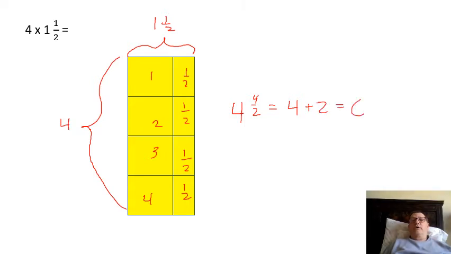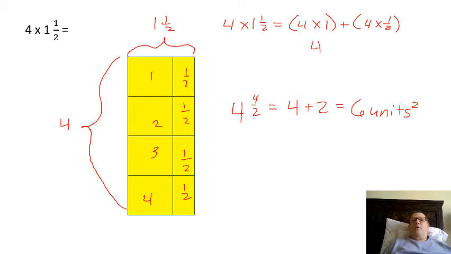So it equals a total of 6 units squared. Now, let's use the distributive property again. So we have 4 times 1 1/2, which when we distribute it, we go 4 times 1, and then we're going to add that to 4 times 1/2, which is going to give us 4 plus 4/2 again, which gives us 6 units squared.